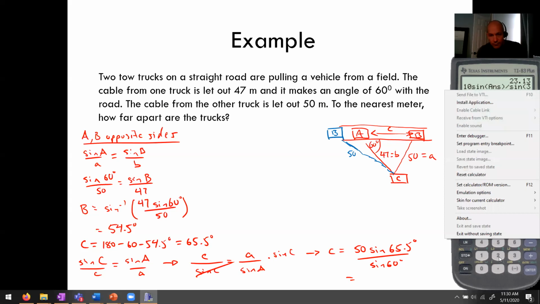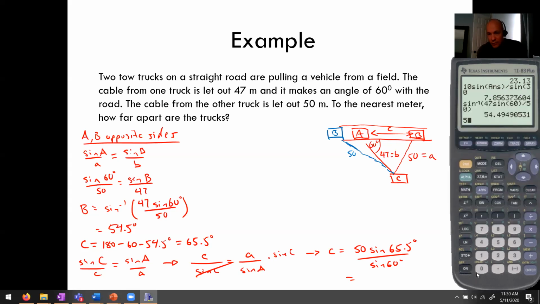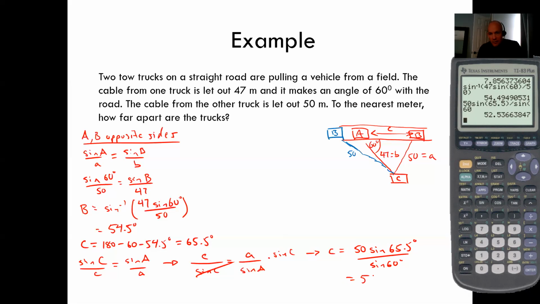50 sine 65.5, and then we'll divide it by sine of 60. Okay, so we get 52.5, we'll just say 53 meters.